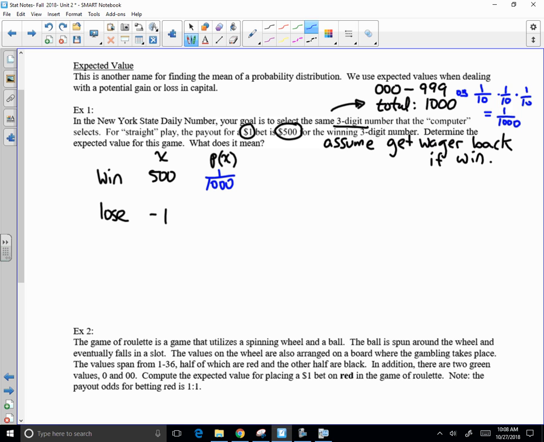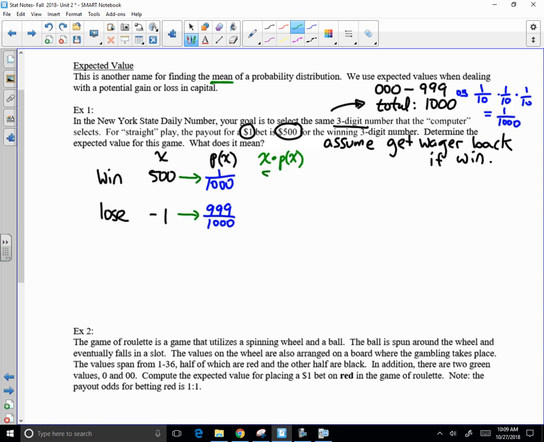Now, if there's a 1 in 1,000 chance of winning, there's a 999 out of 1,000 chance of losing. So for expected values, because it's the same as finding the mean of a probability distribution, you could put it in your calculator, L1, L2. But in this case, the calculations are so easy that it's worth just doing it by hand, because all you're doing is multiplying across.